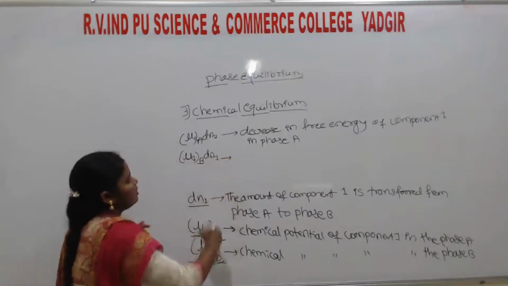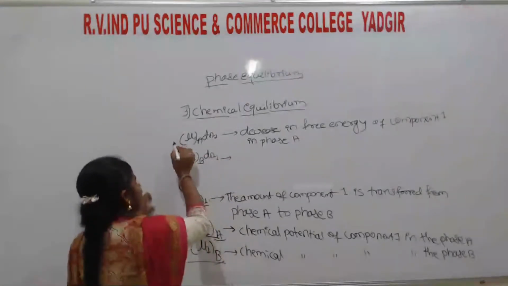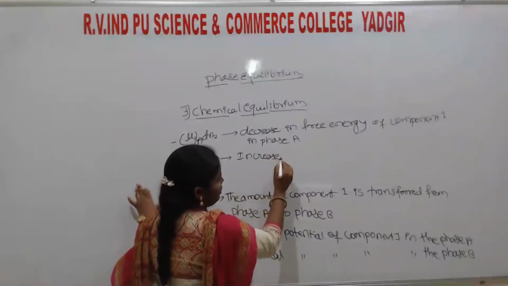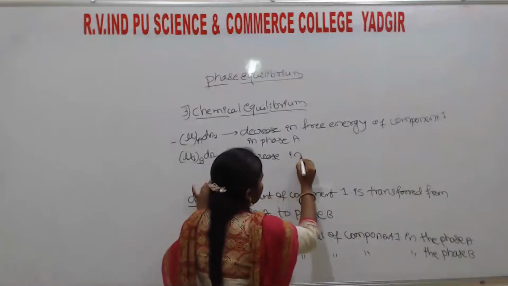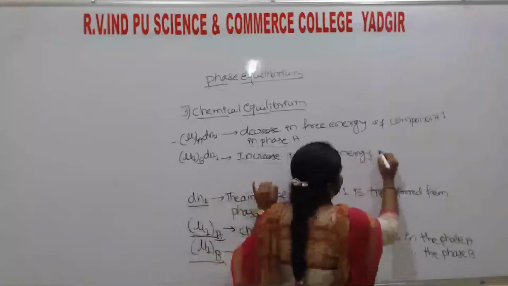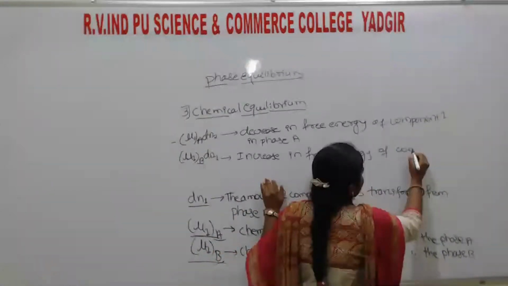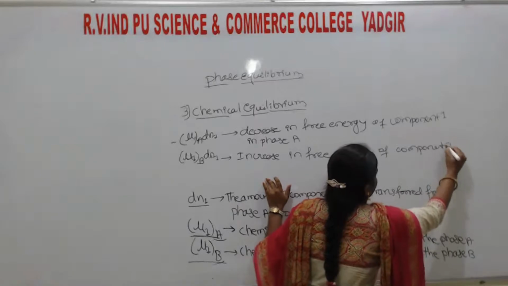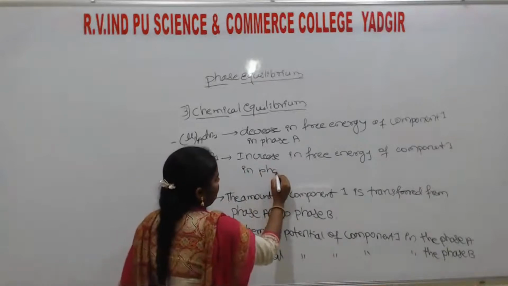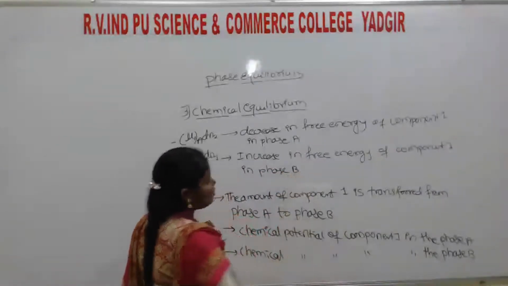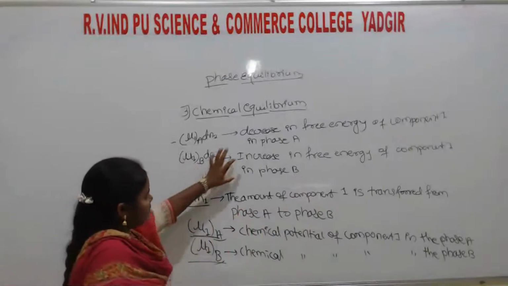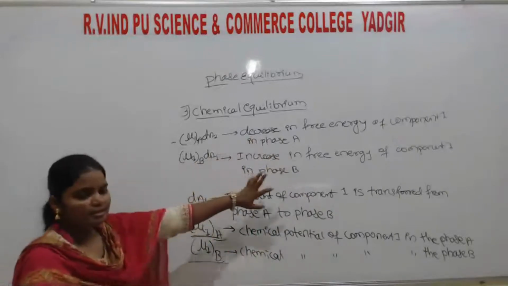Second, mu1B dn1 is the increase in free energy of component 1 in phase B. This is a decrease in free energy, and this is an increase in free energy.